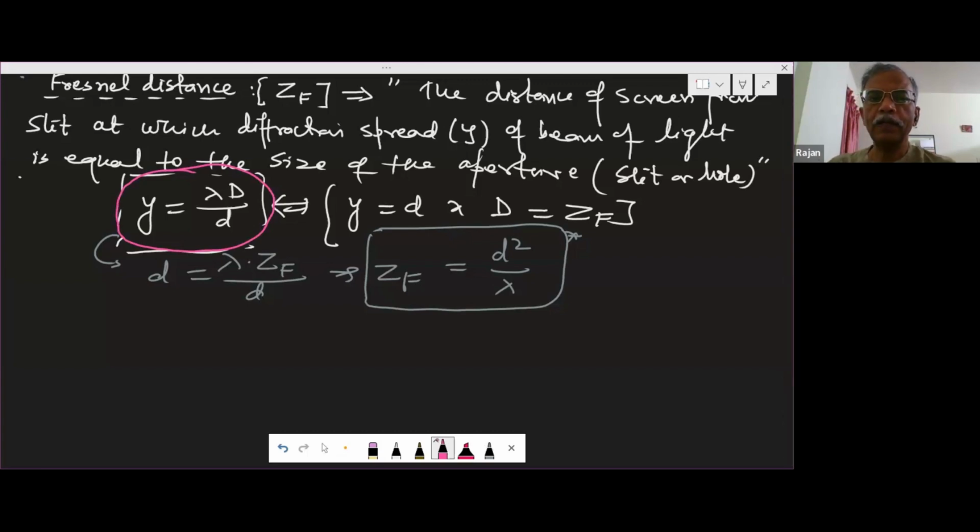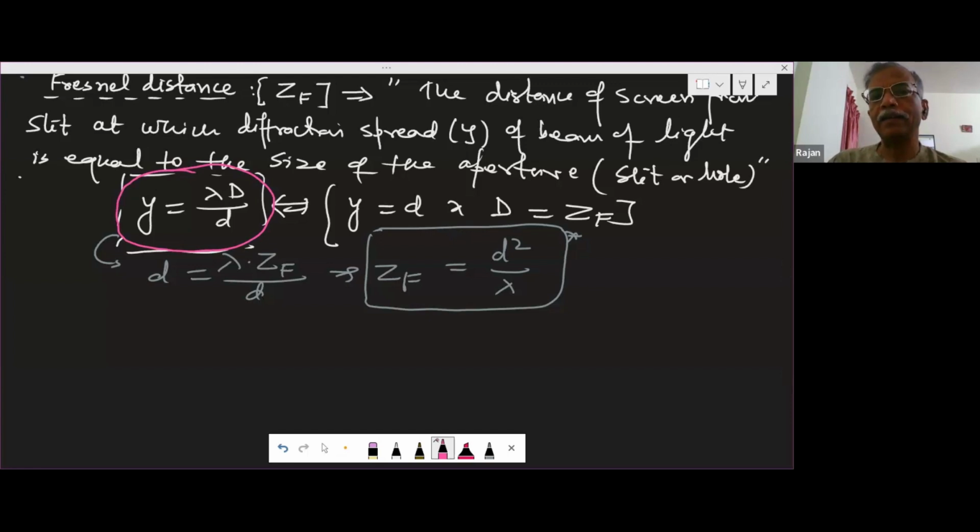So if I'm decreasing this capital D, I'm decreasing my y for the given conditions, right? ZF is already the critical point where the spread is negligible, and hence we can say the ray optics is valid.